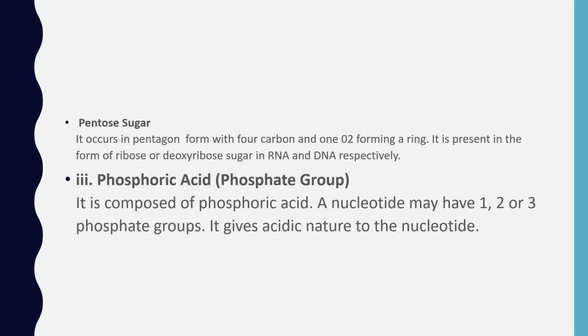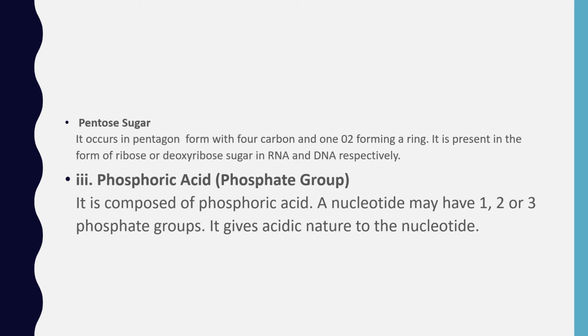Now pentose sugar, as I told you, occurs in a pentagon form structure, with 4 carbons and 1 oxygen forming a ring. इस रिंग में 4 कार्बन है और 1 ऑक्सीजन है, and it is present in the form of ribose or deoxyribose sugar, as previously I told you. So this is about the pentose sugar.